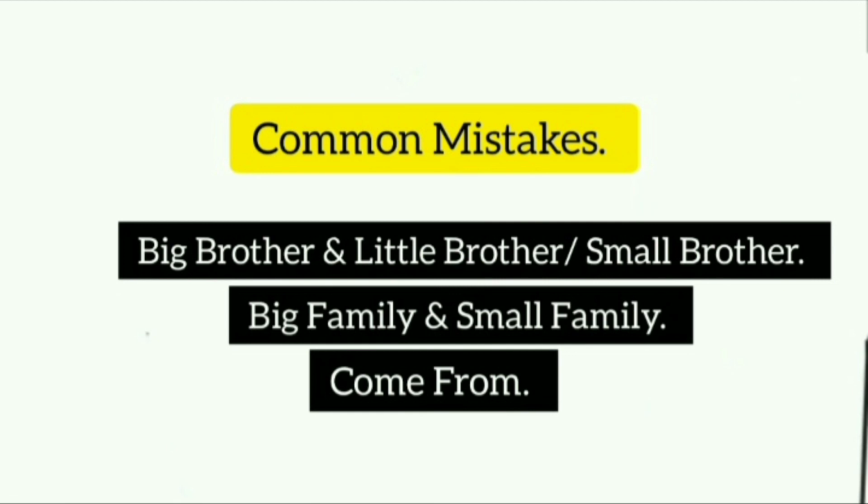You can say I belong or I am from. So both are correct. You can say I am from a joint family or I am from a nuclear family, or you can say I belong to a joint family or I belong to a nuclear family.